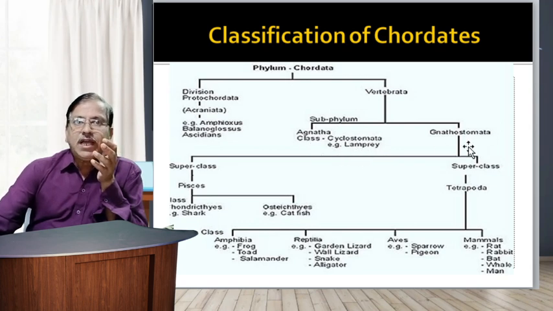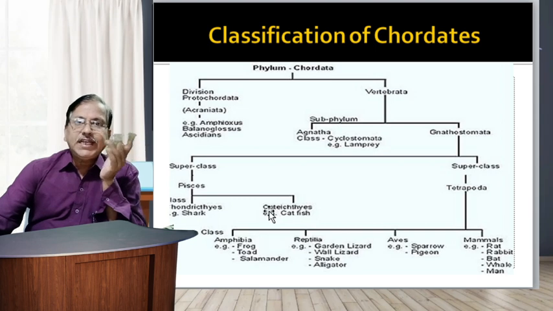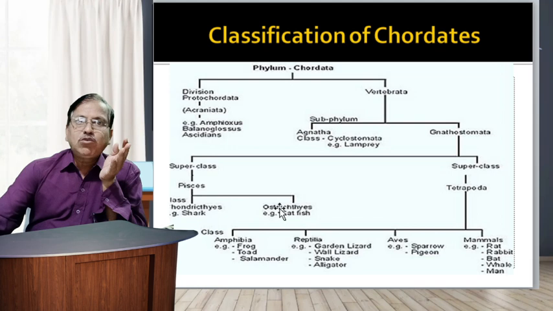In Gnathostomata, there are the superclasses. The first superclass is Pisces. In Pisces, there are five groups, which we already discussed. Many of these classes are extinct, and only two, Chondrichthyes and Osteichthyes, are living at this time.